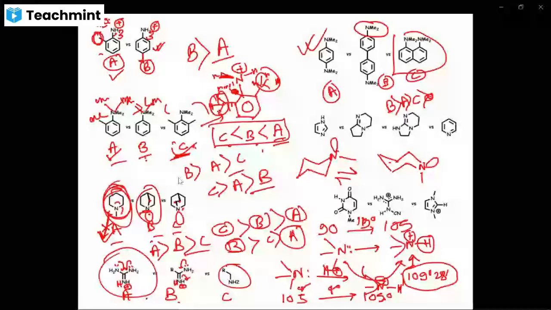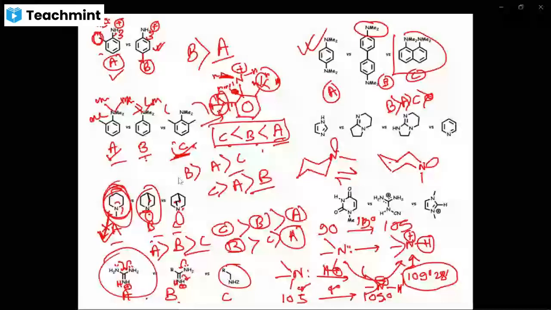Yeah, that is questionable because only up to three carbons it is valid, right? But whatever I can say at this moment, there is no other factor.